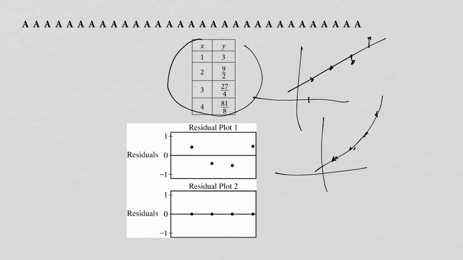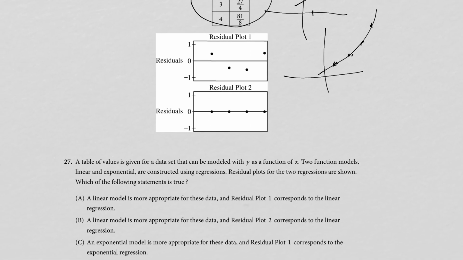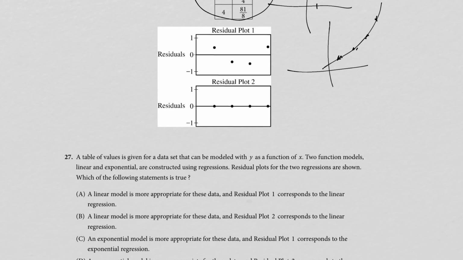This thing is definitely not linear. So a line of best fit is not going to fit that well. And that is why, in this case, the exponential is better.